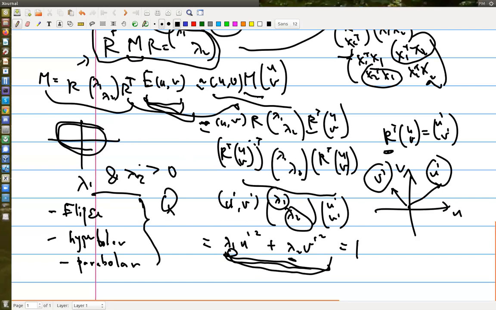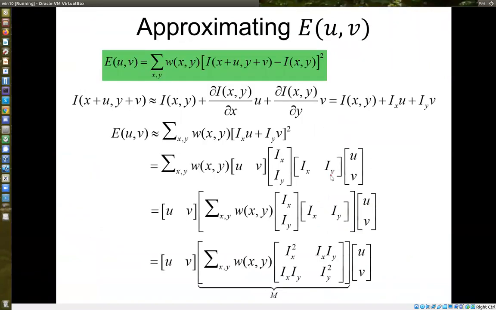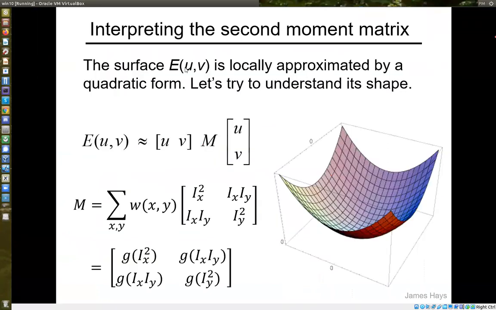Now, I guess I could have confused some of you, but I hope you get the big picture here. Let me repeat a little bit. I have this M here, so E is approximated with this guy, right?